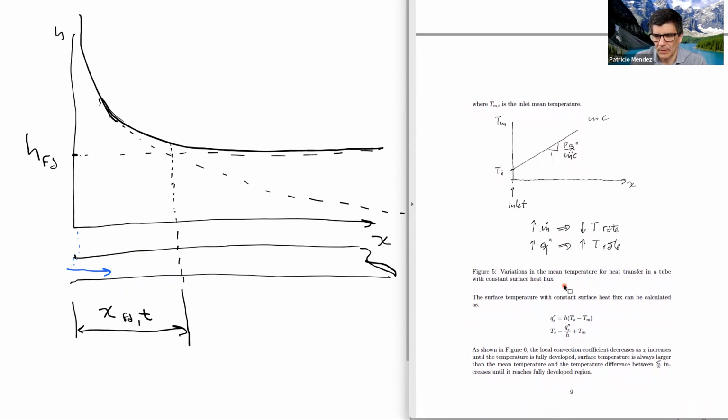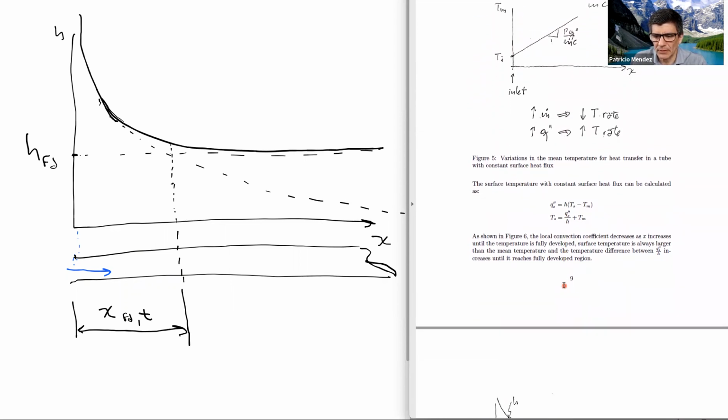So this is pretty good and relatively easy to make sense of, right? But let's think a little bit deeper about this heat transfer inside a tube.